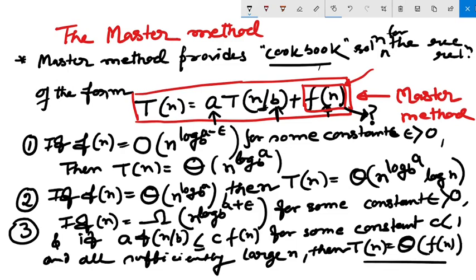That means whatever f(n) is, directly you can write as the solution.